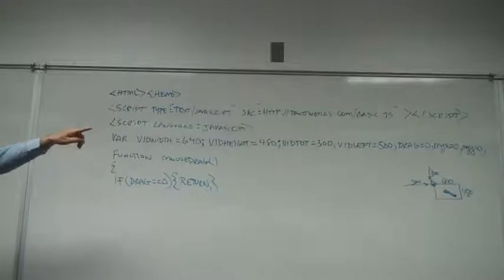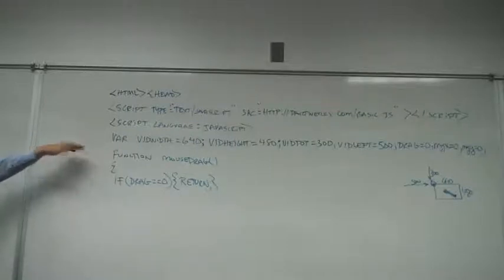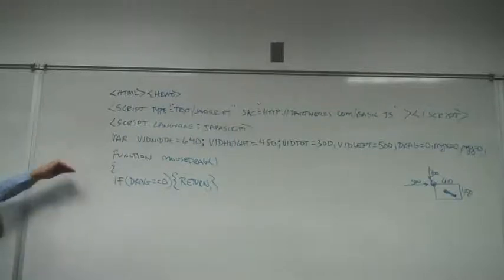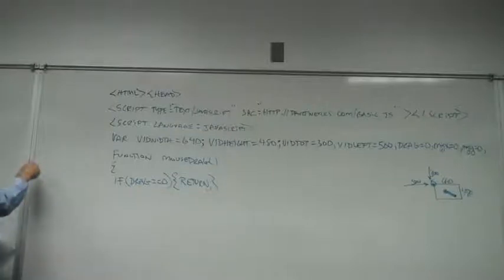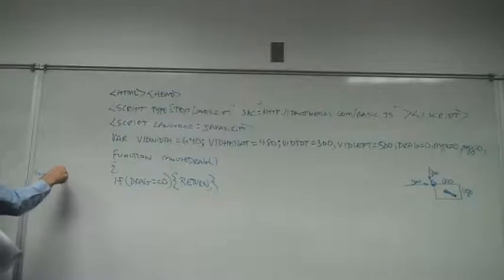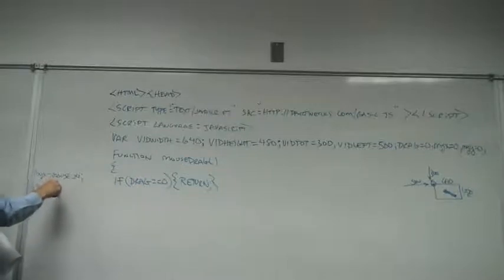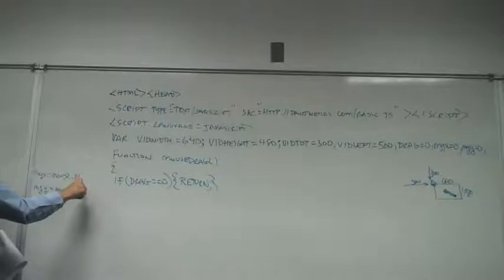So I should have said, like the original one says mouse down, the two commands I should have added are: my x equals mouse x1, and my y equals mouse y1. That would have been better to do it that way.